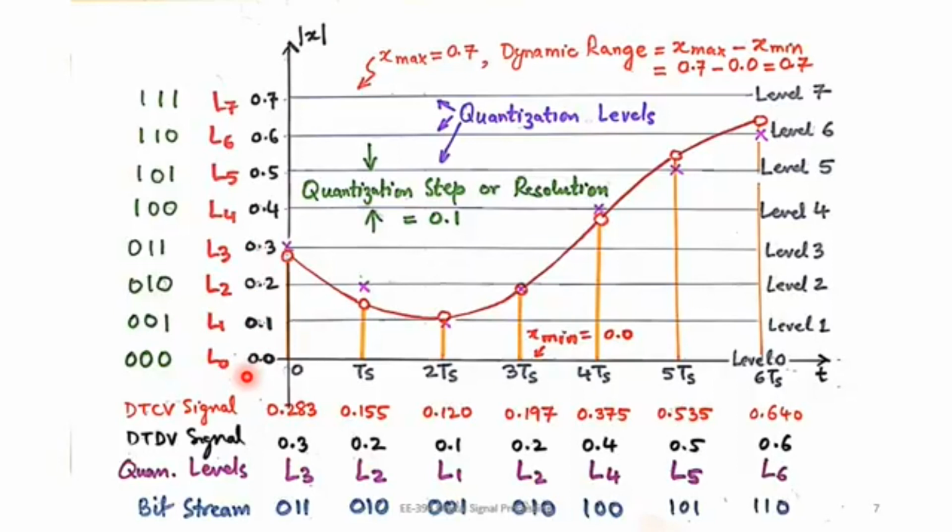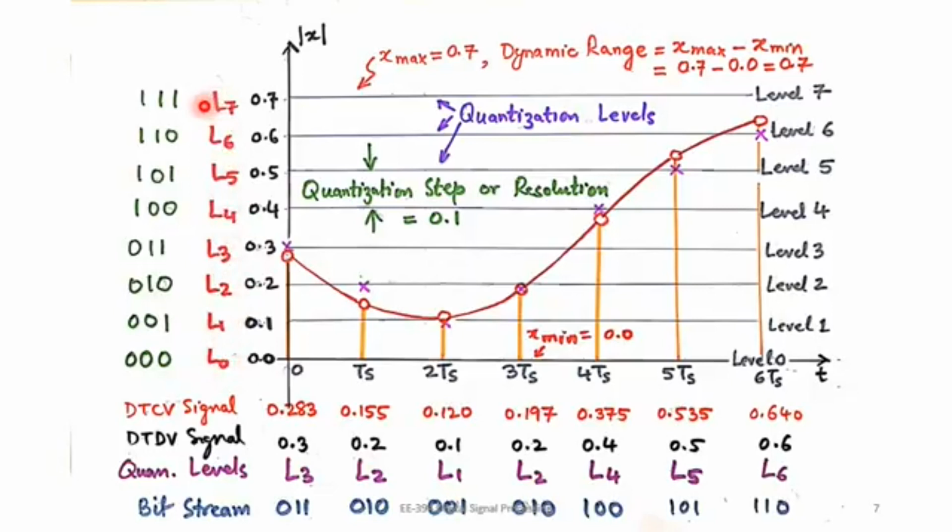Coming back to the discussion, in this example we have 8 levels. If you look on the right hand side, we call them level 0, level 1, level 2, 3, 4, 5, 6 and 7. And on the left side we have represented those levels as L0, L1, L2, L3 and so on up to L7.